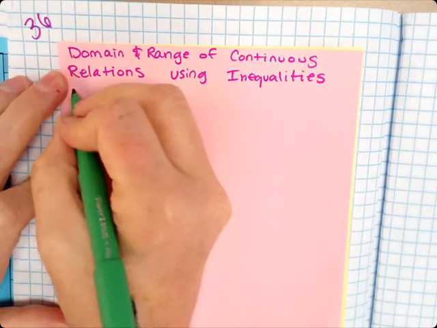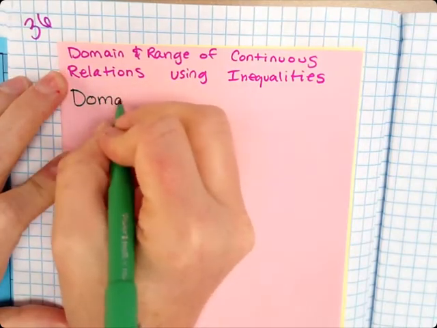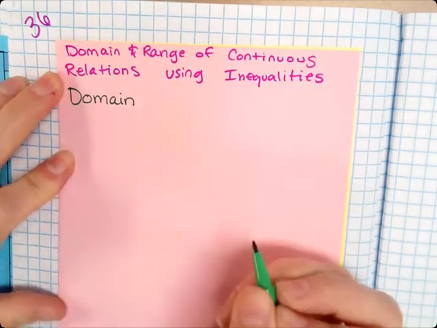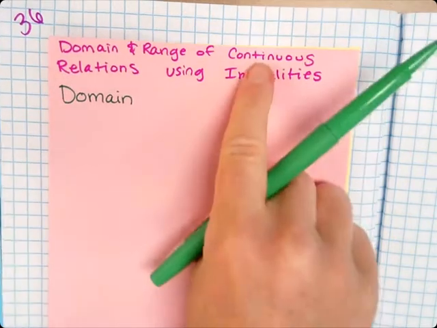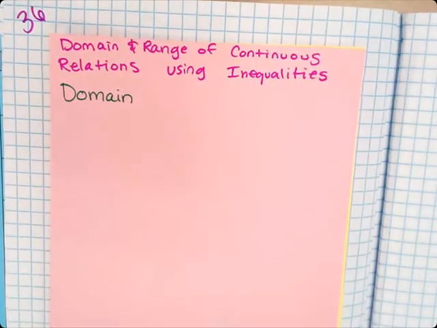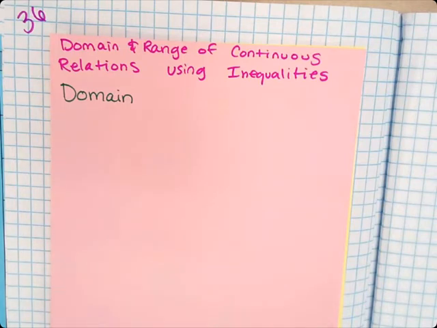Okay, we're going to talk about domain first. So we know that domain is all the possible x values. Whenever we are doing continuous relationships, that's whenever you have a graph that has points that are connected. If they're not connected, then it's just discrete.